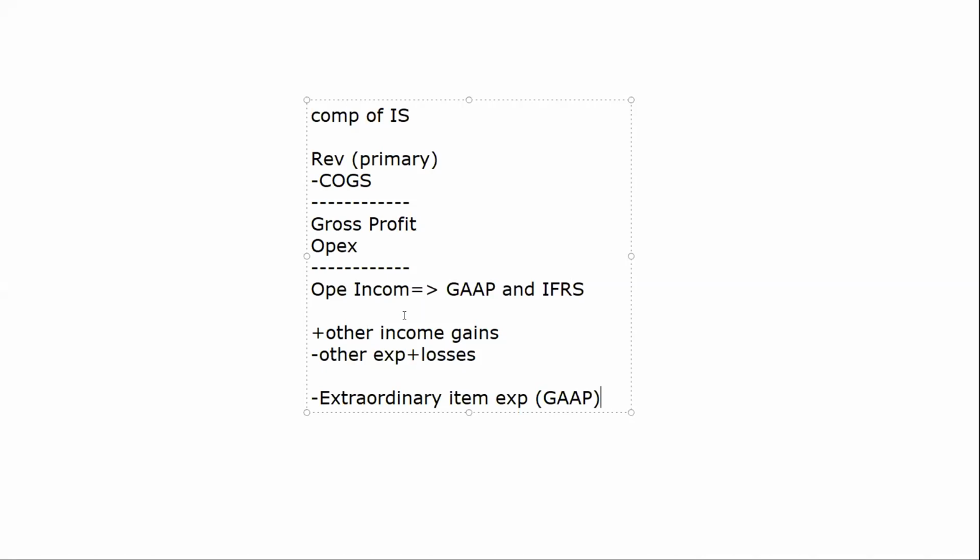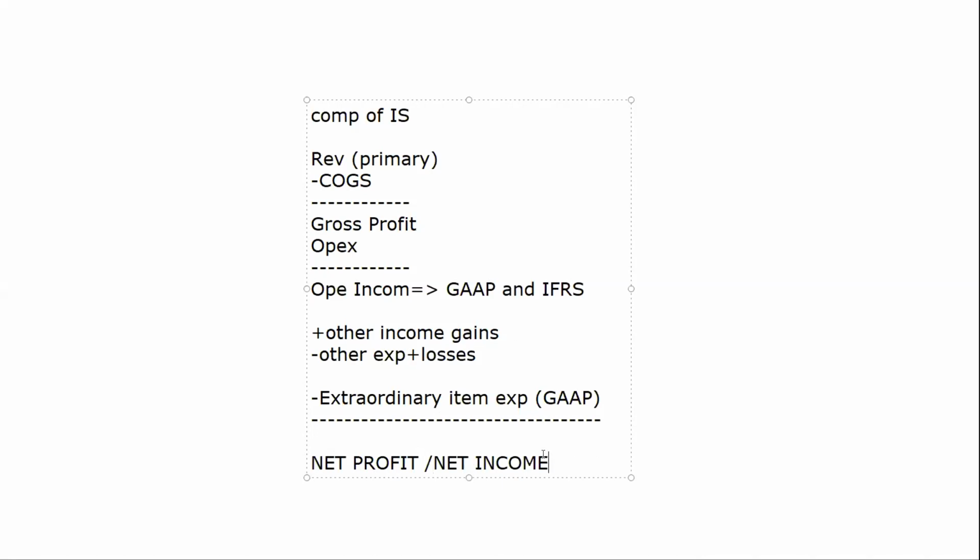But after adding other income gains and other expense losses, this makes a differentiation between GAAP and IFRS in constructing the income statement. And of course, at the end, in both cases, we are deriving a net profit, or sometimes, as you know, net income, or it can be called the bottom line.